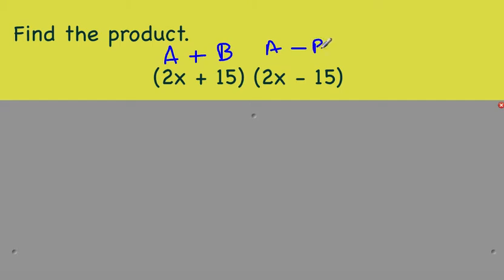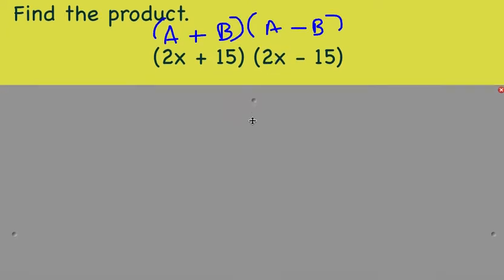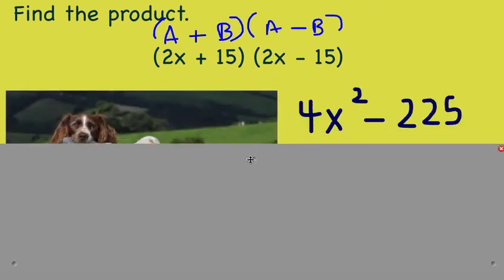So if you recognize that right away, then you can figure out what our product is going to be. We're going to have 4x squared minus 225. And that's because we're squaring this first term and we're squaring this last term. Okay? And it's a difference of squares.